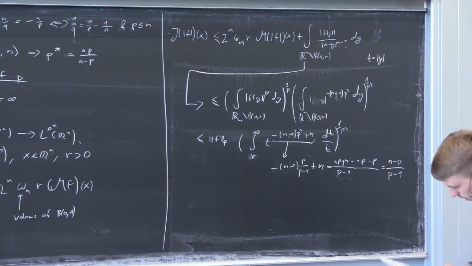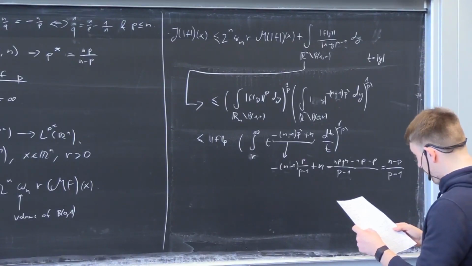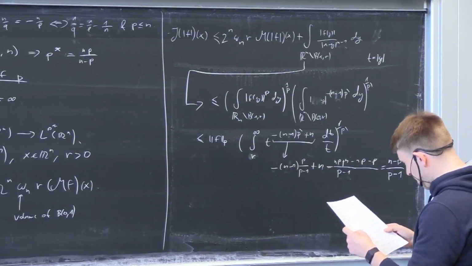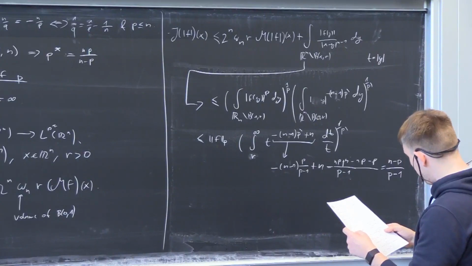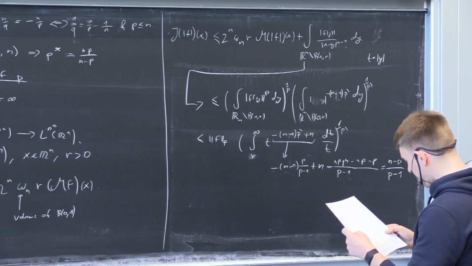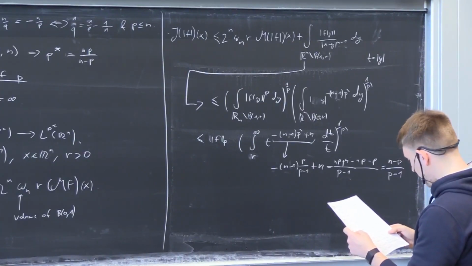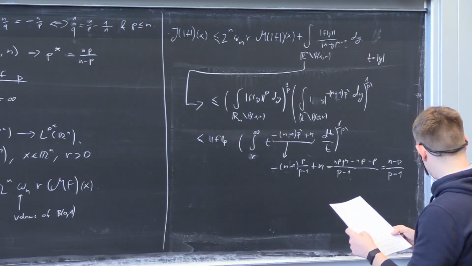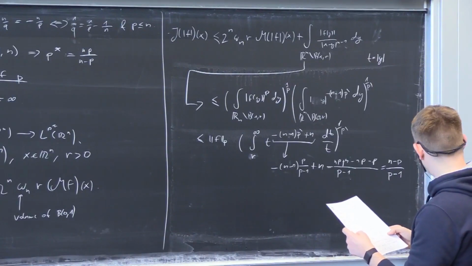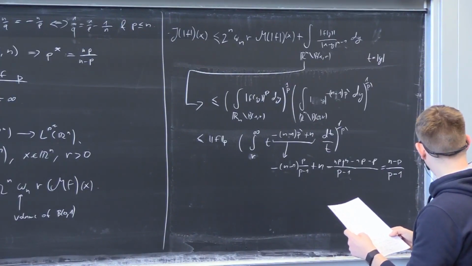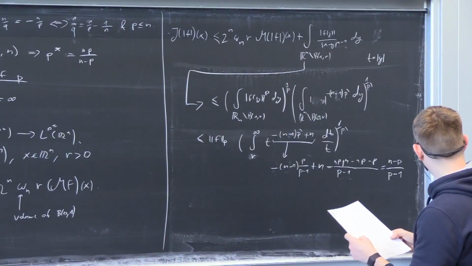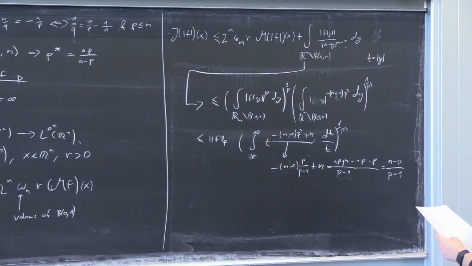So in the end, we should have minus (n minus 1). P minus 1, this was correct. Minus p, pn. Is this correct?